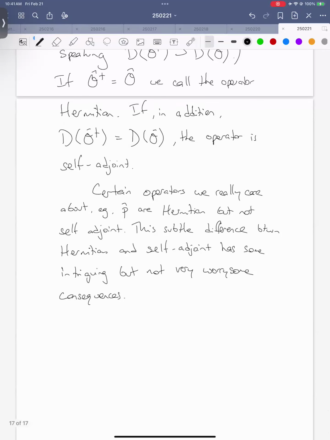All right. So for example, the eigenvectors of Hermitian, but not self-adjoint operators don't live in the vector space itself.